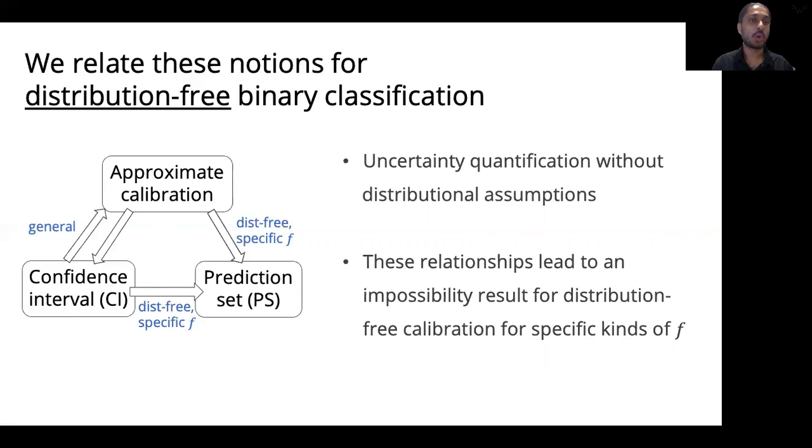What we show, as I'll discuss in the rest of the talk, is this diagram, and I'll go through each particular connection. But the final goal that these relationships lead to is an impossibility result for distribution-free calibration for specific kinds of f, which I'll describe.